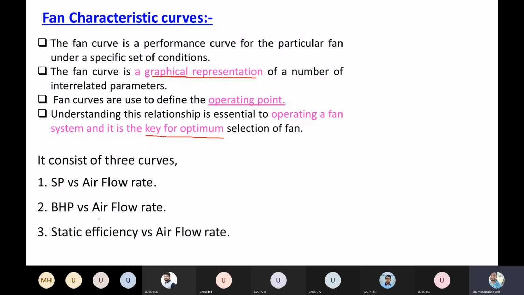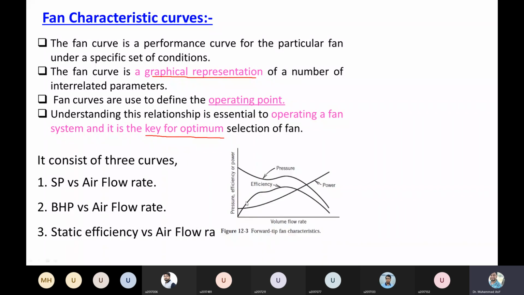So normally these three characteristic curves are used in the fan to figure out the operating point as well as the optimum point of operation for that particular fan.